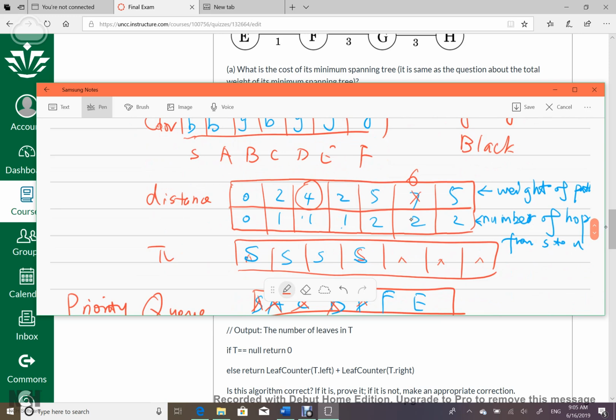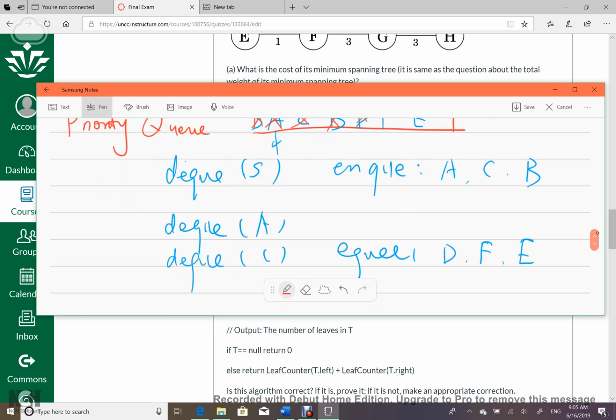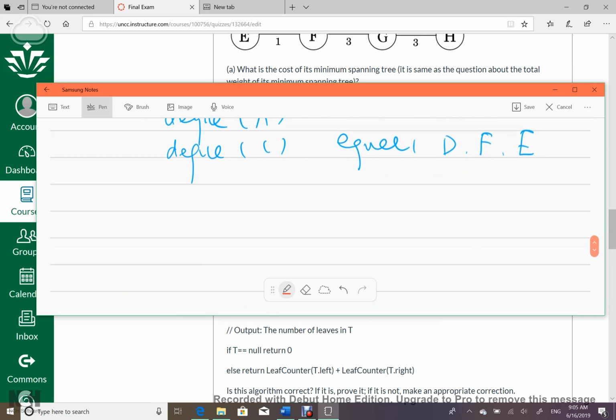And because it's shorter than this one, this changes to be 3. And so we see it's the same procedure as BFS, but we change the optimization function.